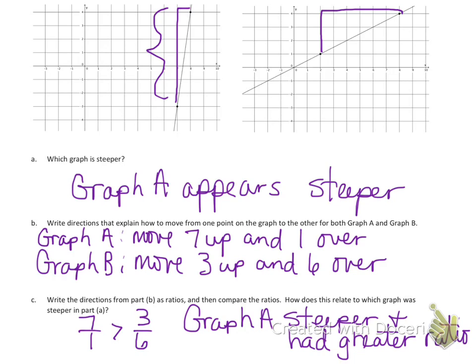And then on graph B, we'll be going 3 units up and 6 over. And so if I write those as ratios, I'm going to have 7 up to 1 over, 7 over 1, and that's greater than 3 up and 6 over, 3 to 6. So graph A was steeper, and graph A had the greater ratio.